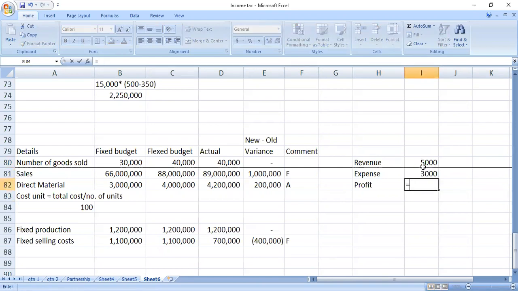What you will get is this minus that, which will be 2,000. Every time you increase your revenues, assuming now you put revenues at 8,000, and the costs will not change, what profit will it be? Profit will be maximized. So an increase in revenues is a good thing. You're maximizing profits. That's why it's favorable here. Actual is bigger than budgeted, hence favorable.